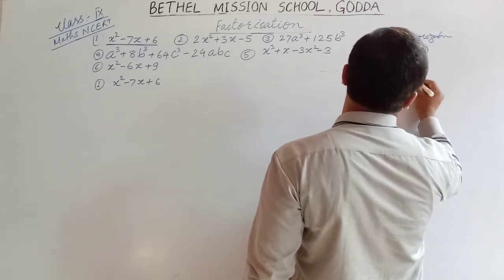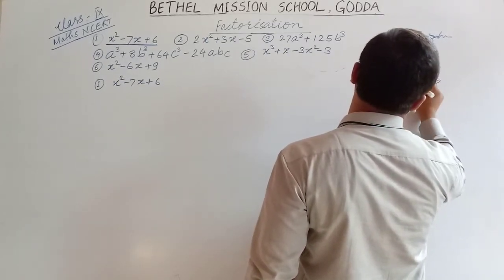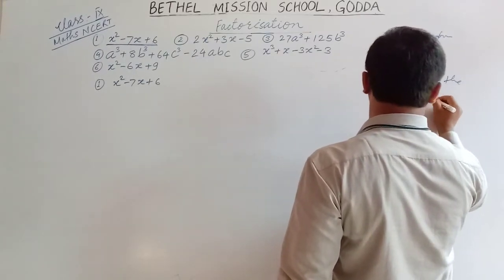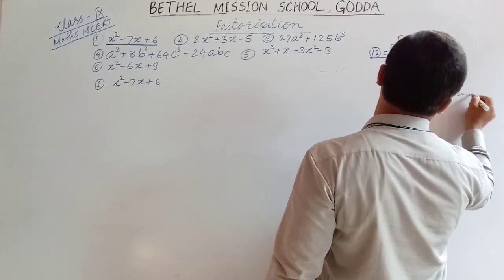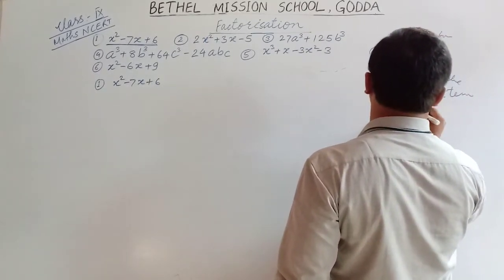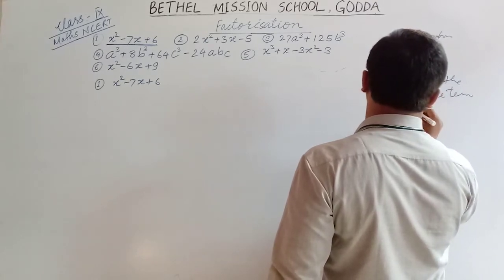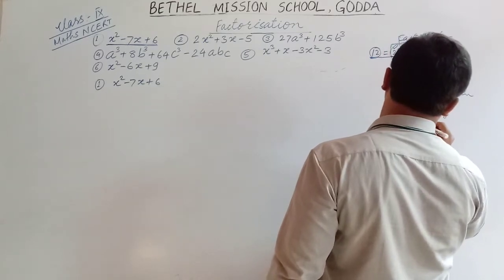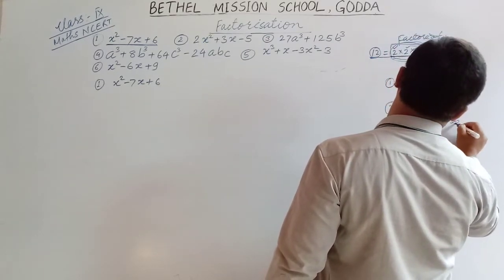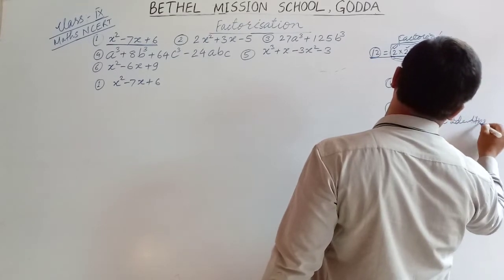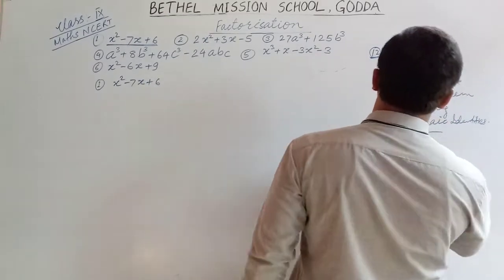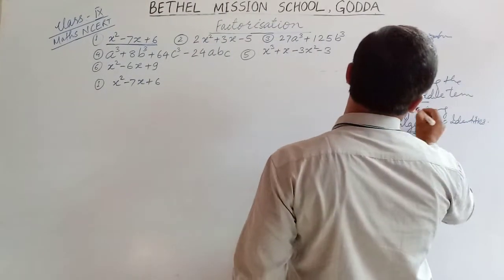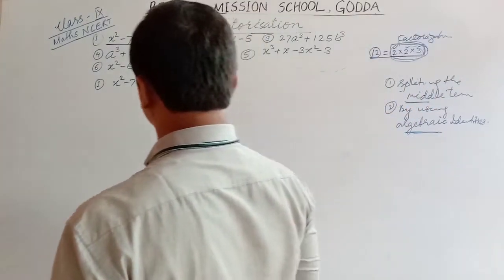One is splitting the middle term, another is using algebraic identities. So two properties are there: by splitting the middle term and by using the algebraic identities.